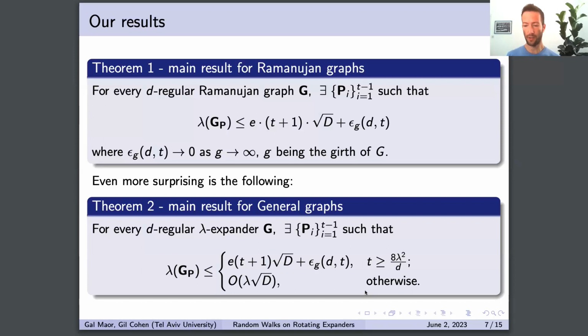For smaller values of t, lambda is bounded by a constant times lambda times square root of d. Recall that in the power graph, we expected to see lambda to the t here. And not only do we not get lambda to the t, we don't even get lambda times 2 to the t, which is the trivial analysis for multiplying G with the Ramanujan graph, t times.